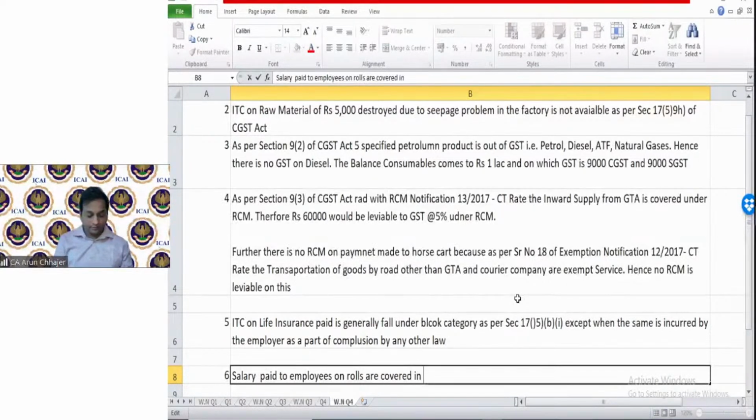They are covered in schedule 3 and therefore neither supply of goods nor supply of services.